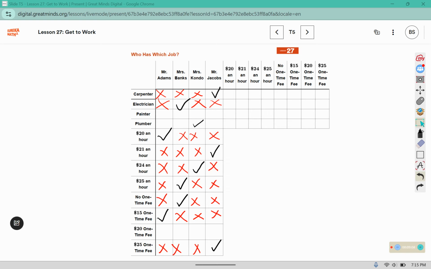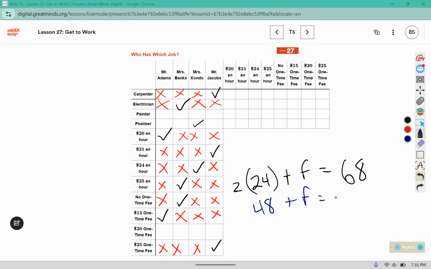And if they charge $24 an hour for 2 hours, plus the fee, gave them a total of $68. That was 48. So we would subtract 48 from both sides. And that leaves us with a fee of 20 for the plumber.